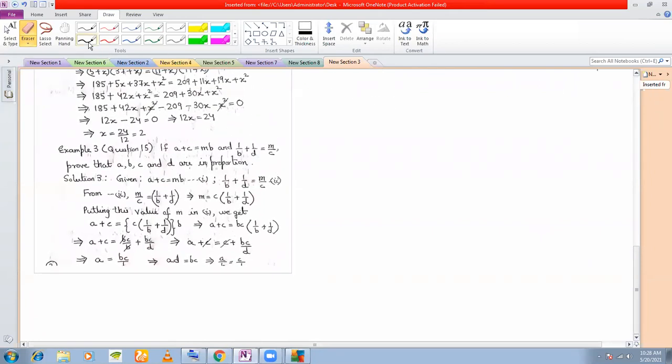Question is, if A plus C is equal to MB. So given here, A plus C is equal to MB, call this 1. Also given is 1 by B plus 1 by D is equal to M by C, call this 2. Prove that A, B, C, D are in proportion.